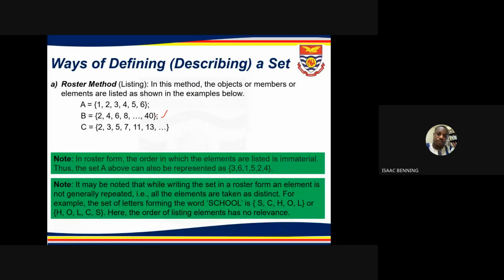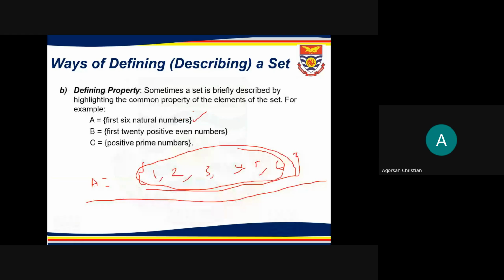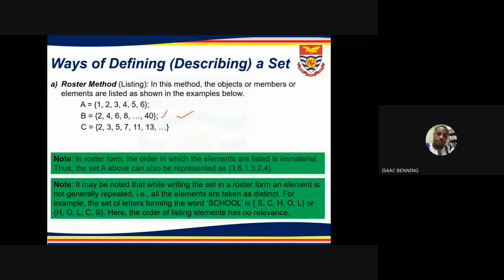What description can we make for it? The first 20 even numbers. Or multiples of 2 less than 41.